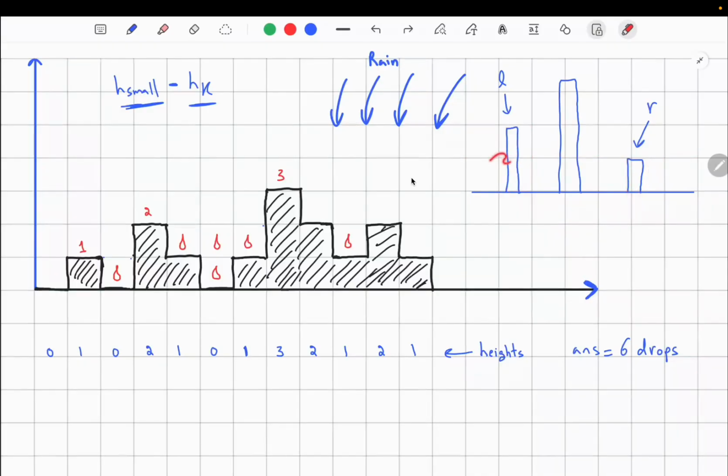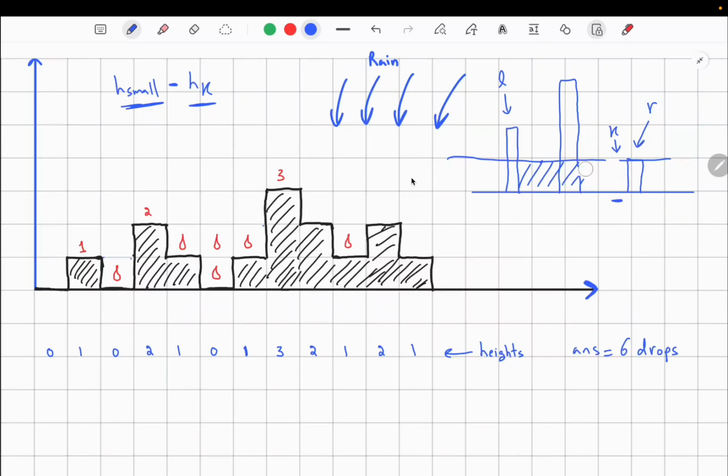What do I mean? We will draw this imaginary line, and we know that we can trap water under this line. So we will start a variable called k. It will start from one index before the right index, and at each index, it's going to calculate the amount of water that we can trap under the line.